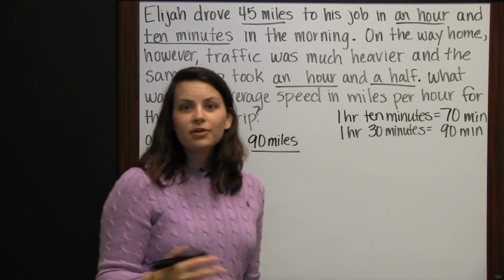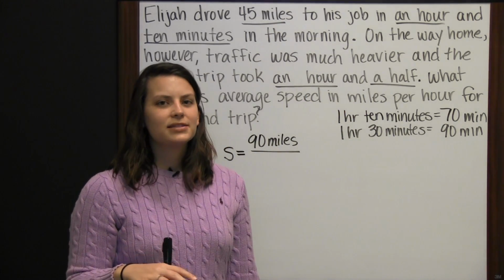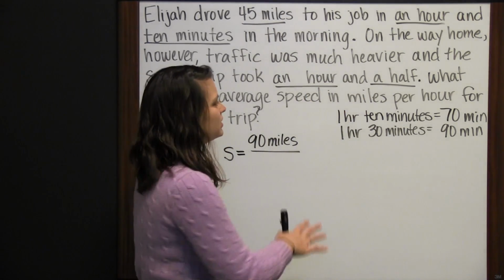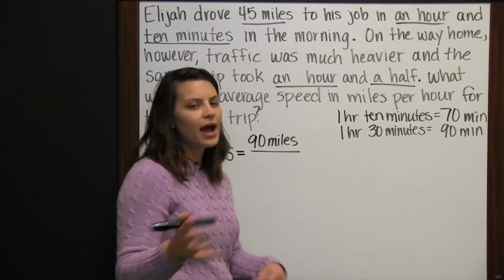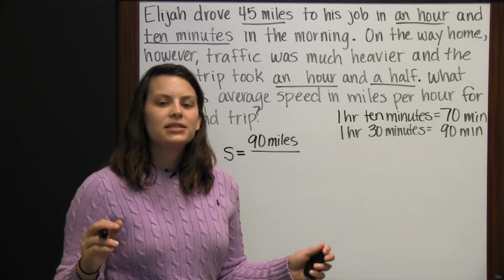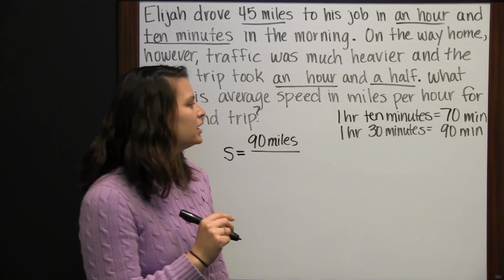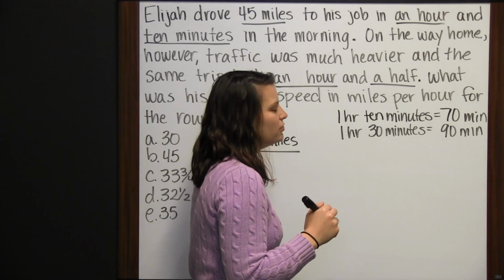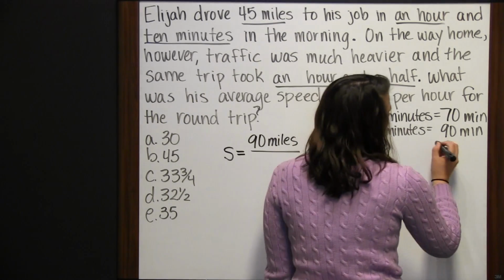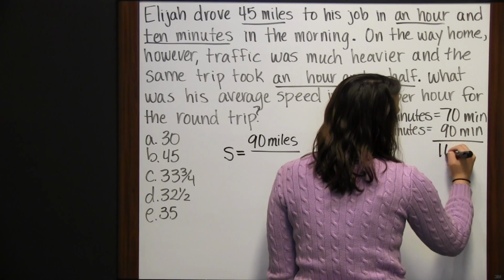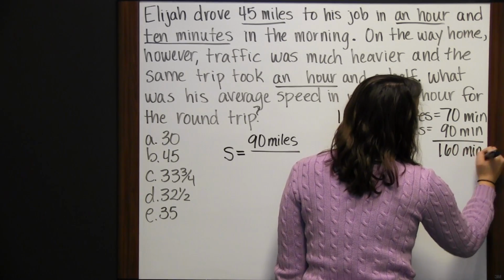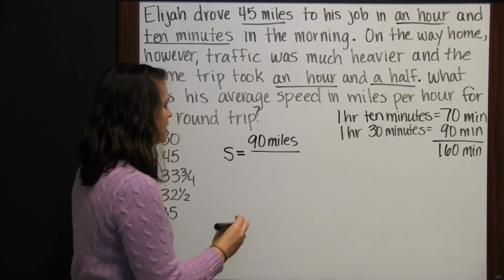And I'm converting the time into minutes just because it makes those units easier to work with. When you've got hours and minutes together, it's easier just to bring them all into that same unit of minutes. So 70 plus 90 is 160 minutes for his total travel time.